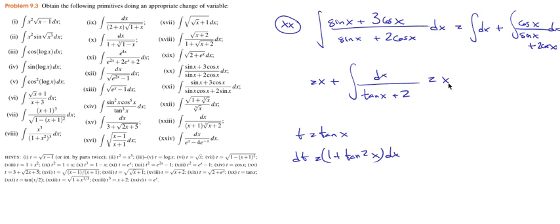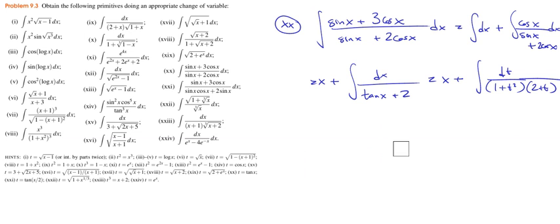So this is x plus the primitive of, and then we have 1 plus t squared, right? It's dt divided by 1 plus t squared times 2 plus t. And now we can solve this easily, right, by expanding it into the two partial fractions, right?